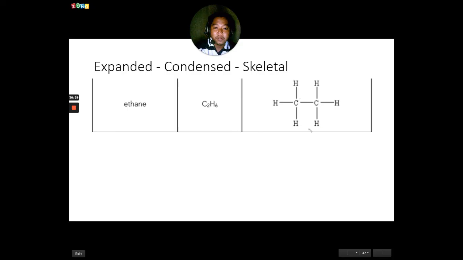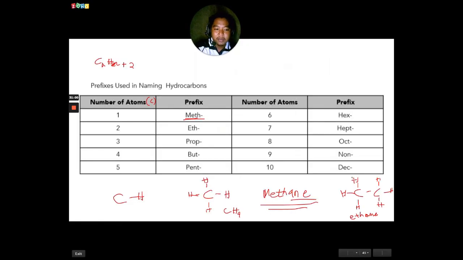This is how you draw the structural formula. Halimbawa, let's use ethane for example. So, that would be this one. This is what we call the expanded structural formula. So, to save time, kasi sabi nga natin, we have 20 millions. And the alkanes, I forgot to tell you, do not end in decane.